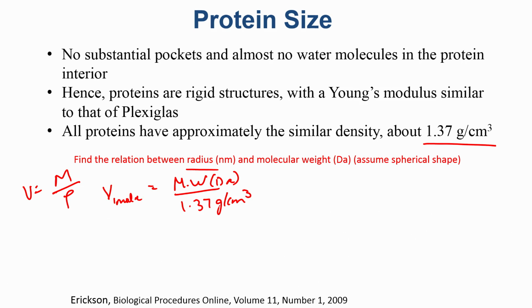Now, since we have this, let us further define what this volume in 1 mole is. This is also equal to the number of particles, or number of atoms or molecules, in a mole, which is 6.023 into 10 to the power 23, multiplied by the volume of 1 protein molecule.